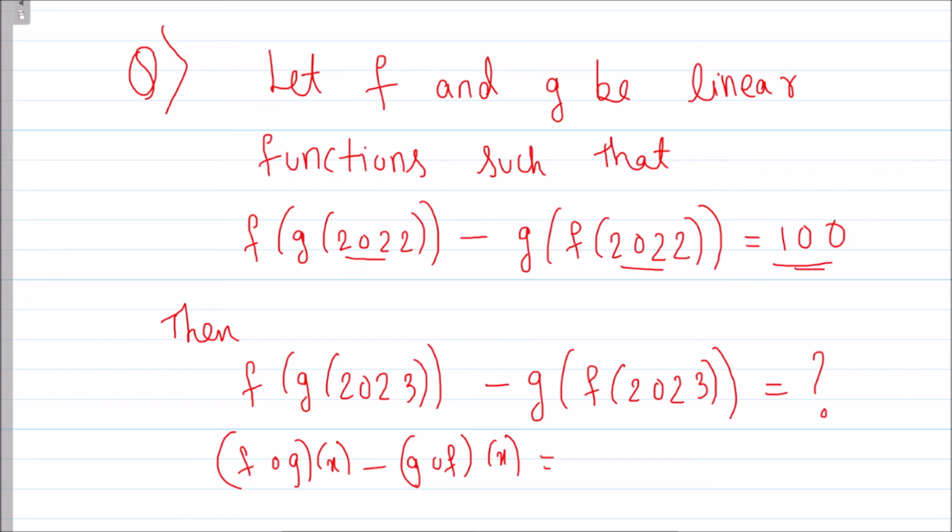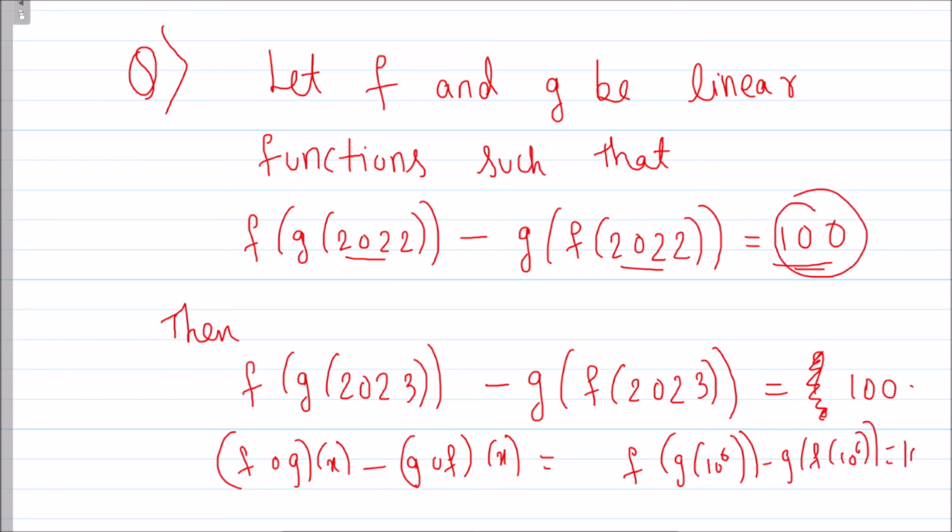So everywhere it will take the value 100. So therefore the answer for this is also 100. Okay, so there's nothing special about 2023. If I ask you what is f of g of 10 raised to 6 minus g of f of 10 raised to 6, since the answer is given to be 100 over here, everywhere it will take the value 100.